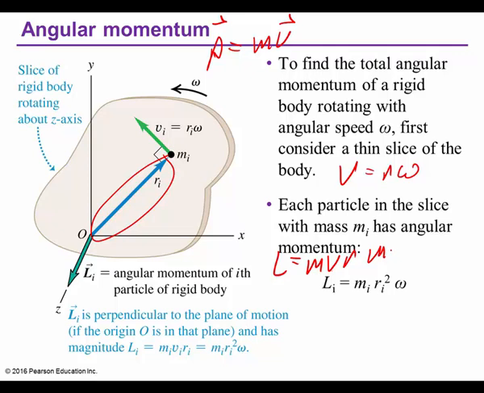We've got m times r times omega times r, or we can combine those two r's together and it becomes r squared. And so we can find the angular momentum simply by taking the mass of the object times the radius squared times the angular frequency. There's another formula to put on your formula card and give us the angular momentum. Very simple to calculate.